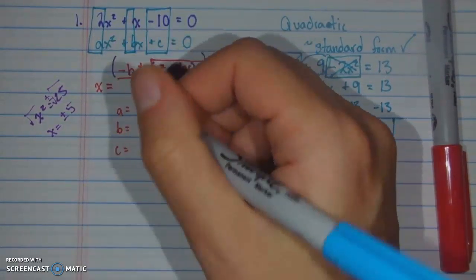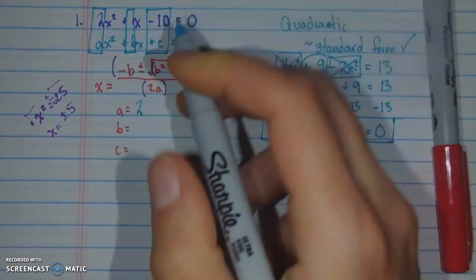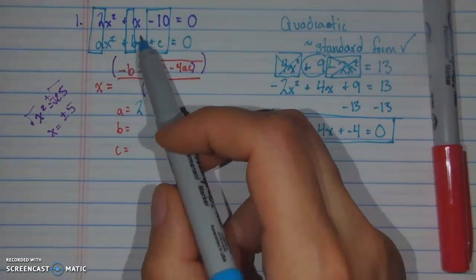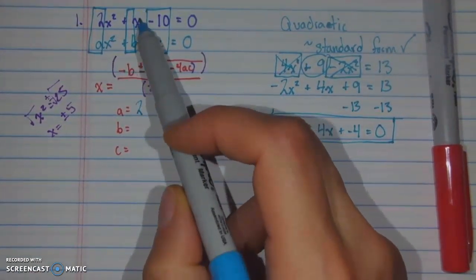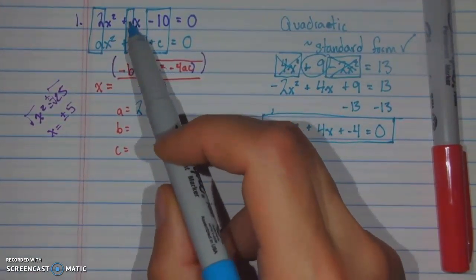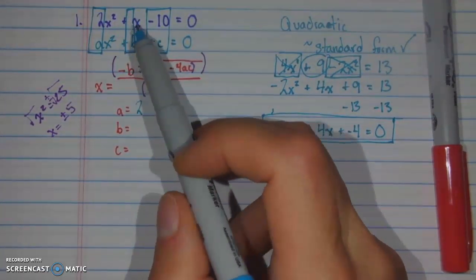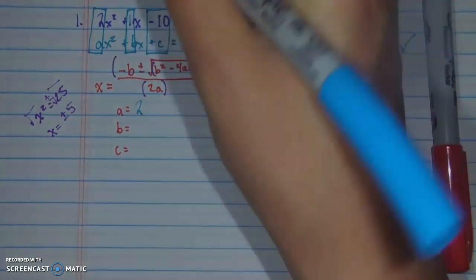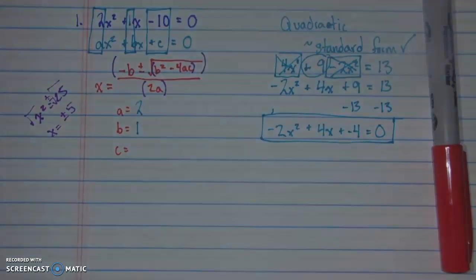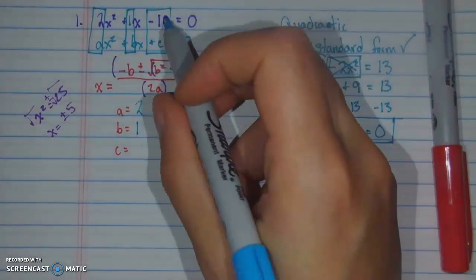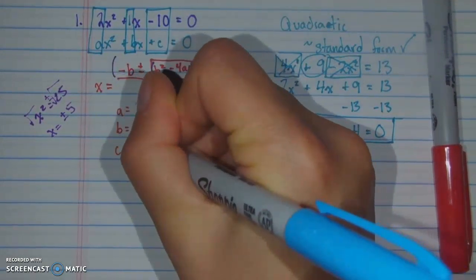So what's in front of x squared is a 2. My b is whatever is in front of the x. And since there's nothing there, be careful there, that means it's being multiplied by a 1. So b equals 1. And last but not least, c is equal to a negative 10.